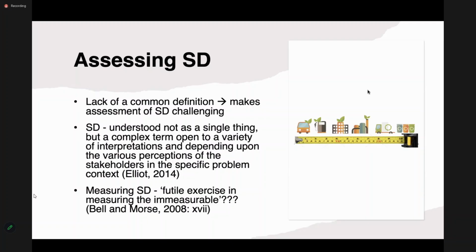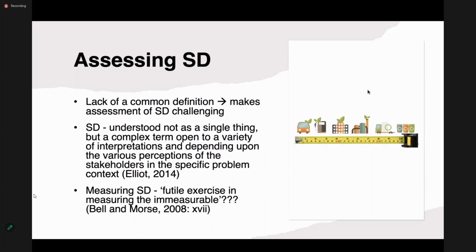It's a complex term, open to different interpretations. People might look at it in different ways, depending on their perceptions and how they look at a certain problem.